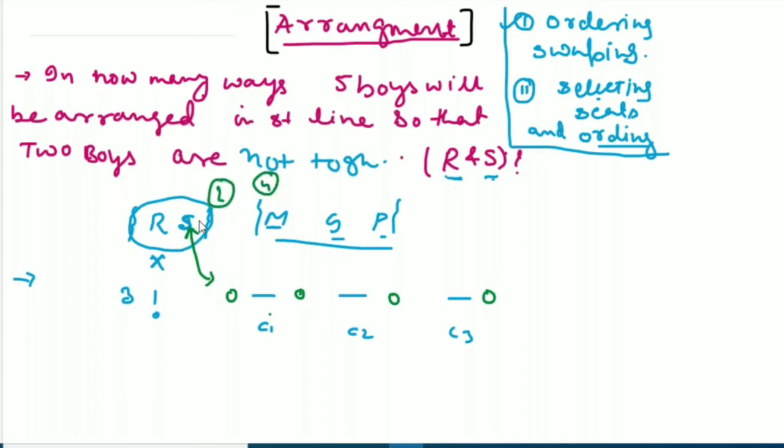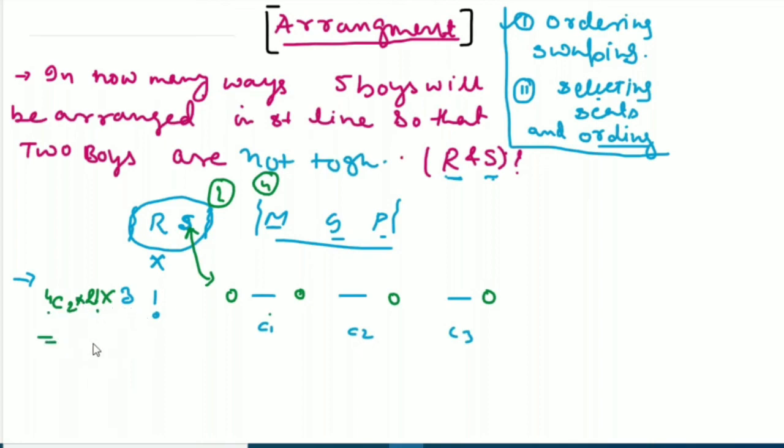This is a second approach of arrangement: we first select 2 places and then arrange those 2 members into those 2 places. Out of 4 places, you select 2 places. After selecting, don't stop. Arrange those 2 members into these 2 places. Hence, your answer will be 4C2 into 2 factorial into 3 factorial.